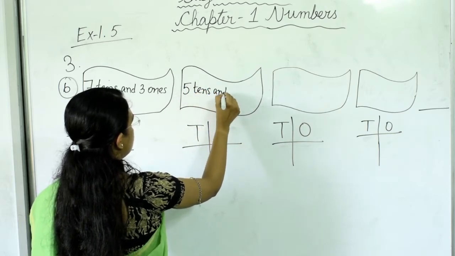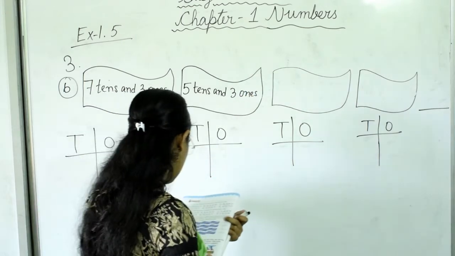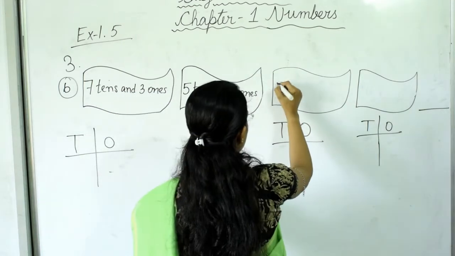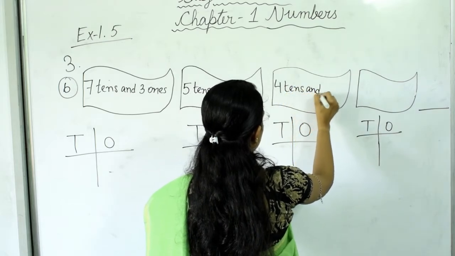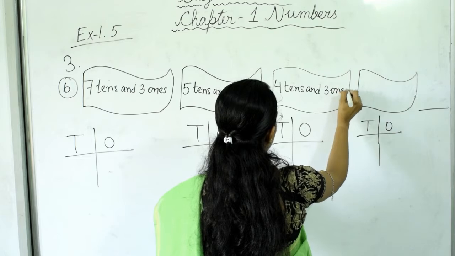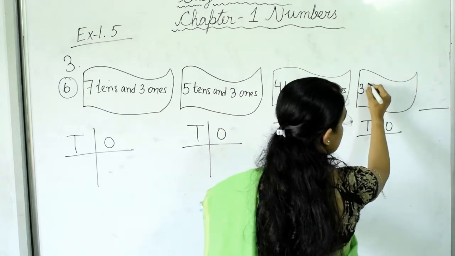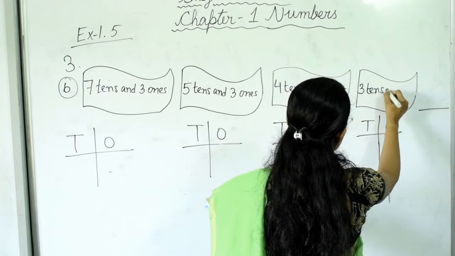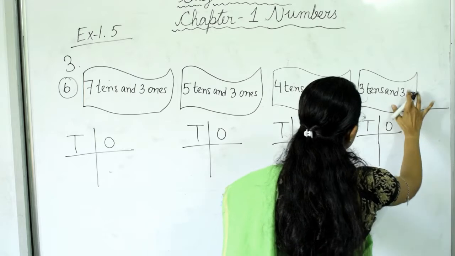Then after this, 4 tens and 3 ones. The last one is 3 tens and 3 ones.